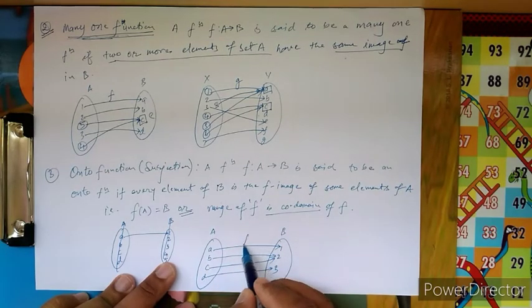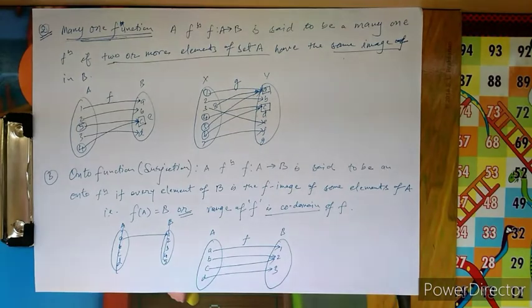It is possible. So every element of B is the functional image of some element of A. Here no other elements are left which don't have a pre-image.